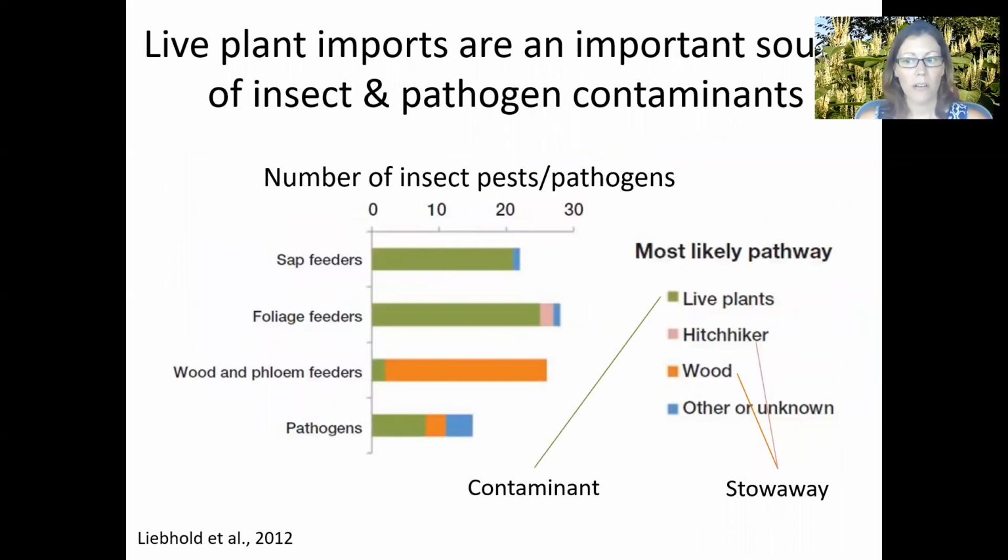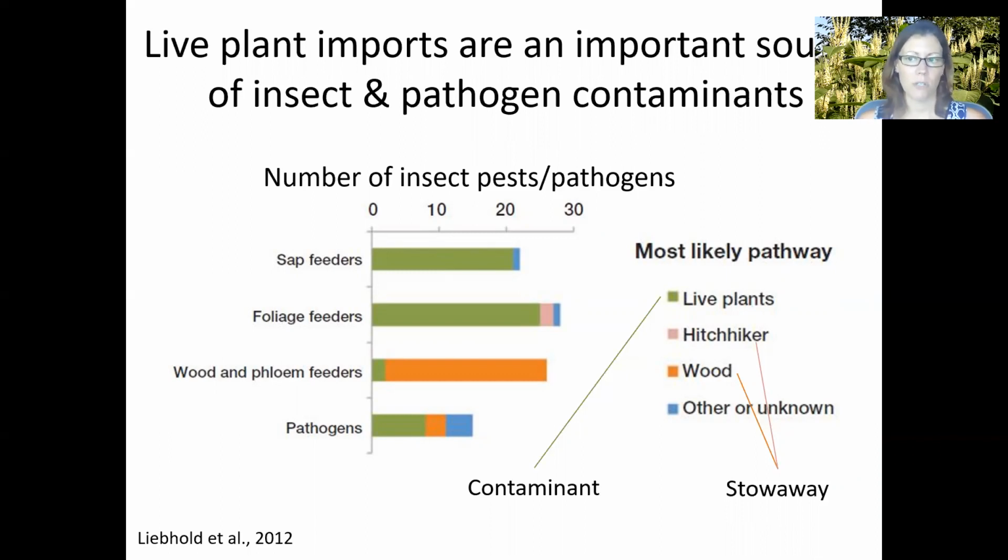Live plant imports also are a major pathway of insects and pathogen contaminants, just like when we were talking about the airplane baggage introductions. A lot of those plant parts that were found in people's luggage, or fruits or bulbs or whatever they are, contained insects or contained pathogens of some sort.